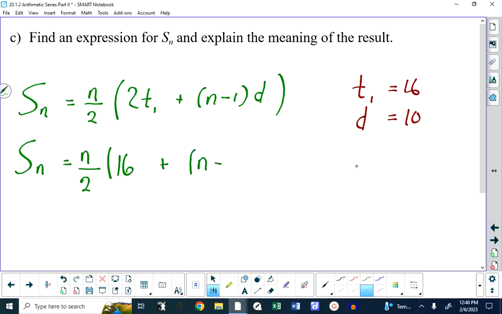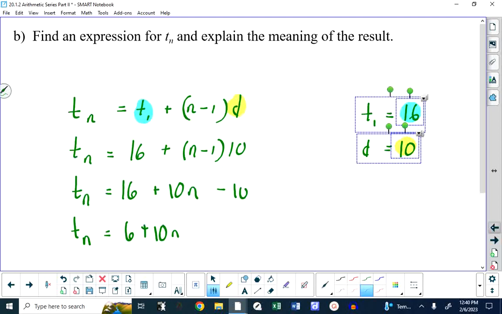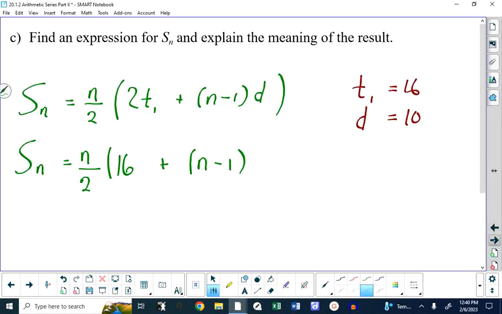I don't know N. This is the whole point. Just like over here, a general term doesn't have N. That's too specific. And for D, I'm going to put 10, and we're going to simplify that.